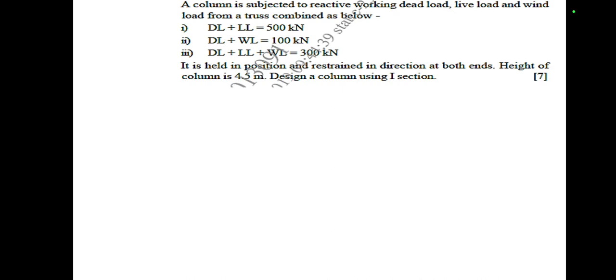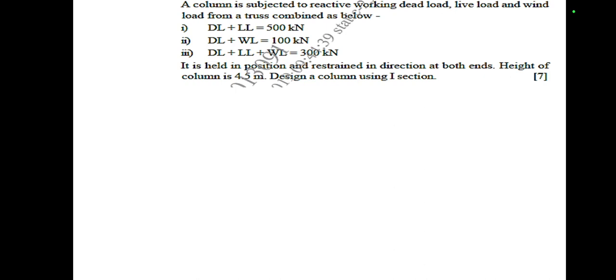A column is subjected to working dead load, live load and wind load, with the stress combinations: dead load plus live load 500 kilonewton, dead load plus wind load 100 kilonewton, dead load plus live load plus wind load 300 kilonewton.